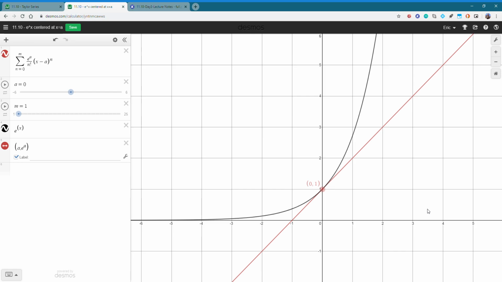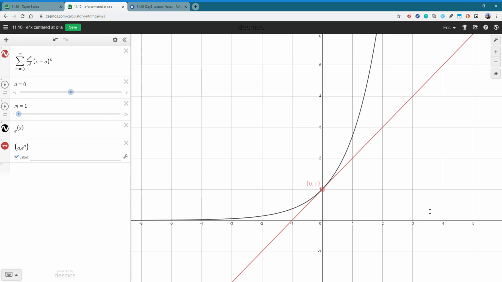We've seen this picture before. Maybe not, actually. I think I didn't show it last time. Anyways, here is e to the x in black, and here I've punched in a general form for the Taylor series. And a here, that's our center. It's centered at 0.